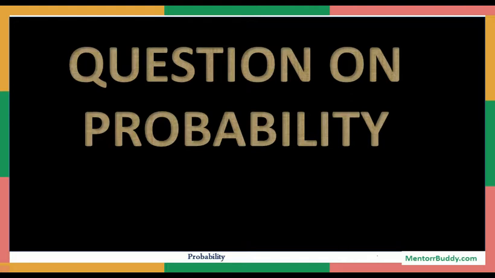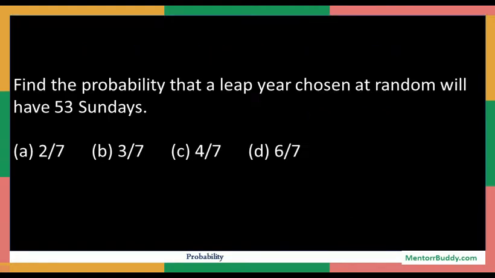Today we are going to discuss a question based on probability. Now, directly coming down to the question first. The question says: find the probability that a leap year chosen at random will have 53 Sundays.